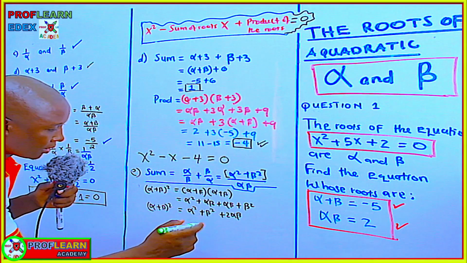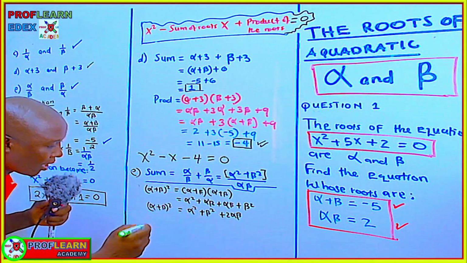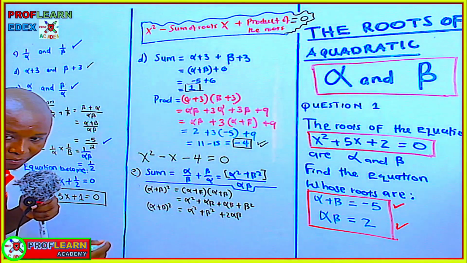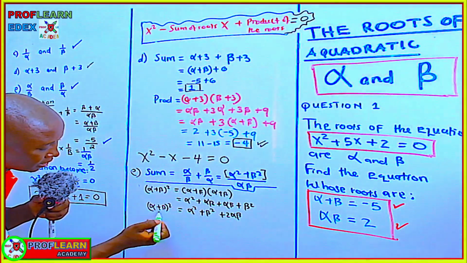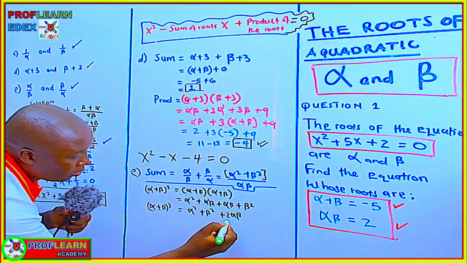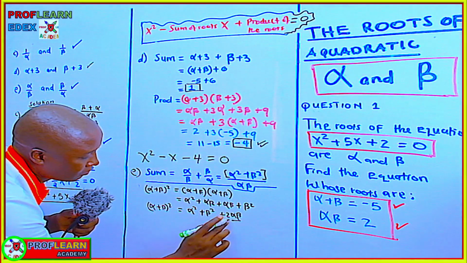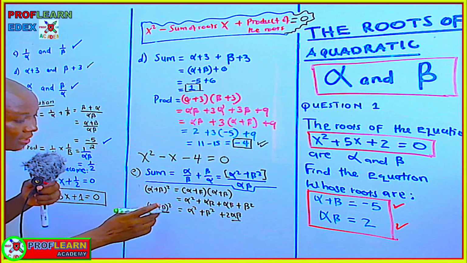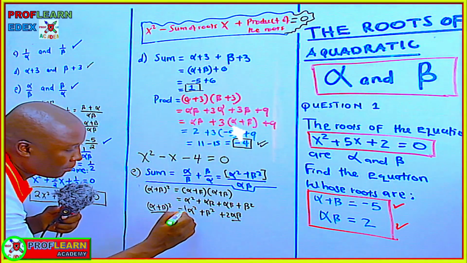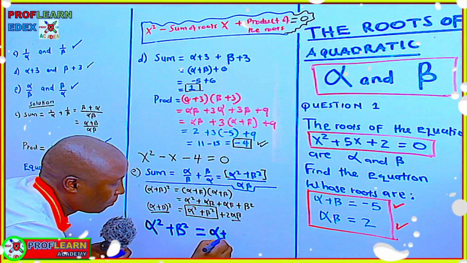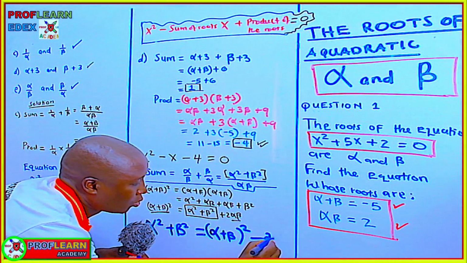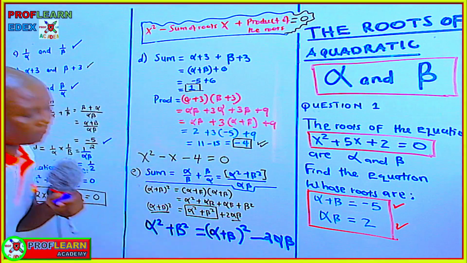Which means I can equally say, if I take this on the other side of the equal sign, I know what alpha beta is, and I know what alpha plus beta squared can give me. So this one is equal to the same as alpha plus beta squared minus 2 alpha beta.